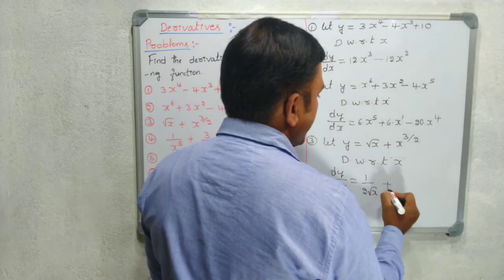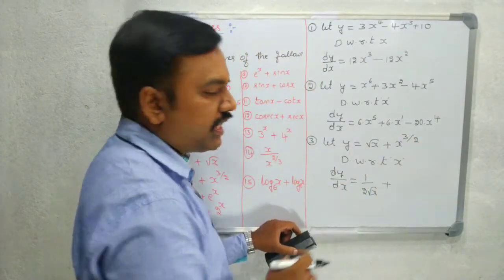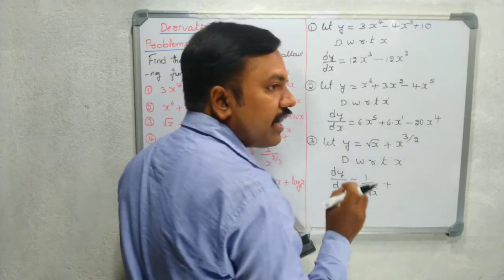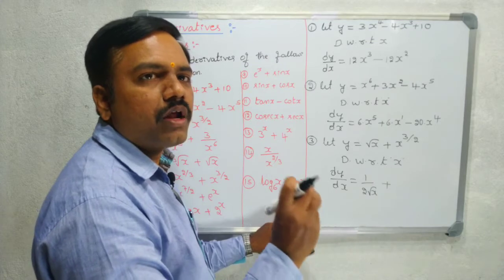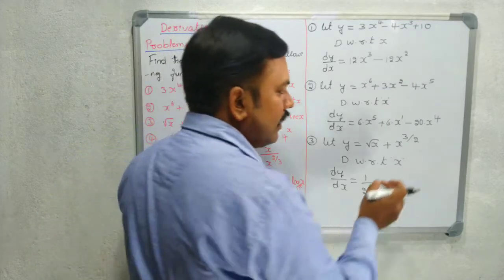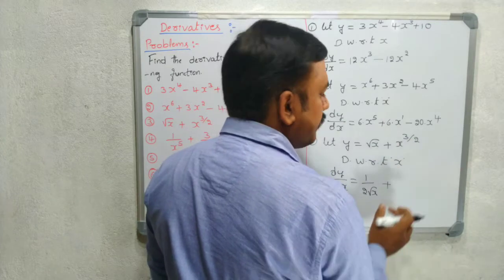But what about this x to the power of 3 by 2? It is in the form of x power n. X power n differentiation is n into x to the power of n minus 1.